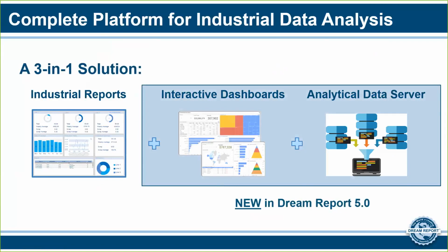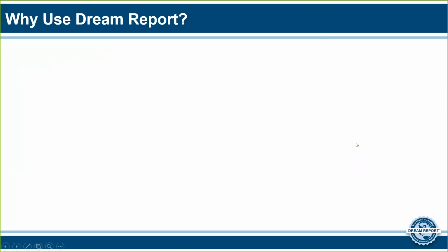We've now exposed them to external applications through Dream Report's OPC server. So now you're not only limited to using the data and the calculations inside of Dream Report, but you can have Dream Report do those calculations and analytics, and then feed that out to other systems, to HMIs, to other applications.